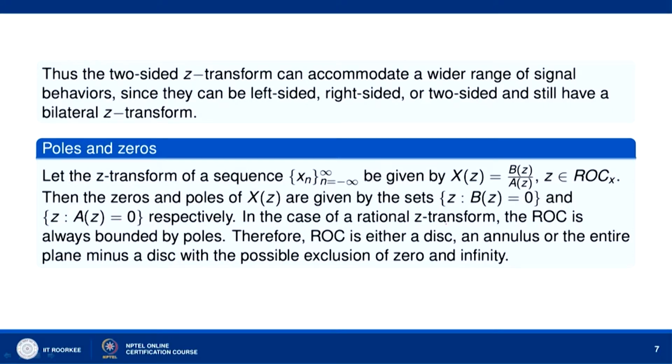In the case of a rational Z transform, the ROC is always bounded by poles. Therefore, ROC is either a disc, an annulus, or the entire plane minus a disc, with the possible exclusion of 0 and infinity.